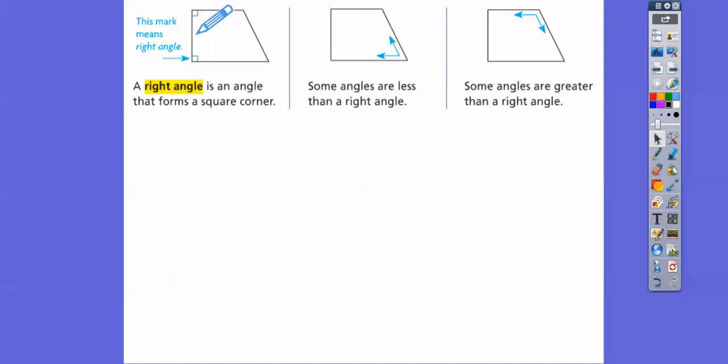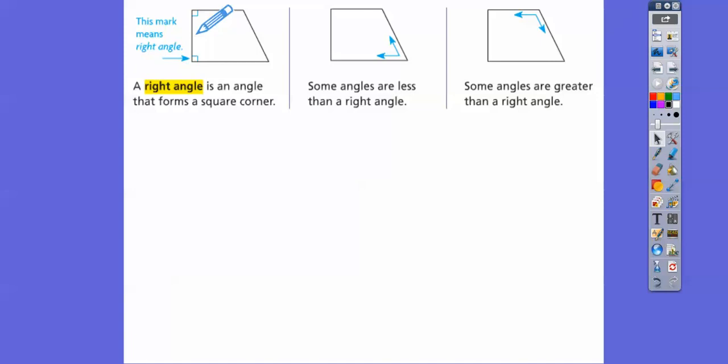Your floor and your wall make a right angle. One wall meeting another wall makes a nice right angle. Sometimes they don't, but most of the time they do. Your ceiling and your walls usually make right angles too.